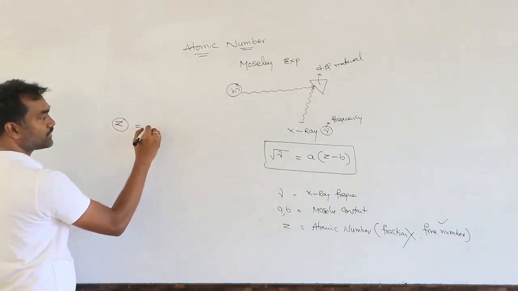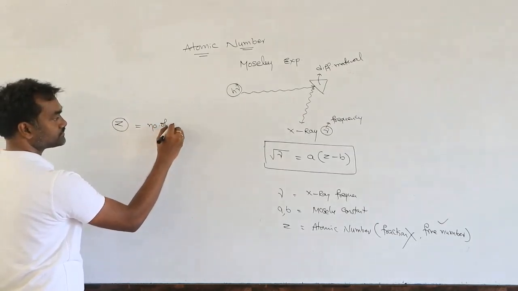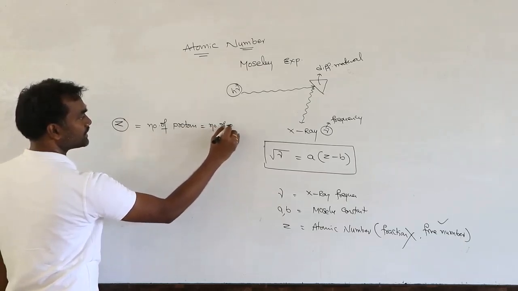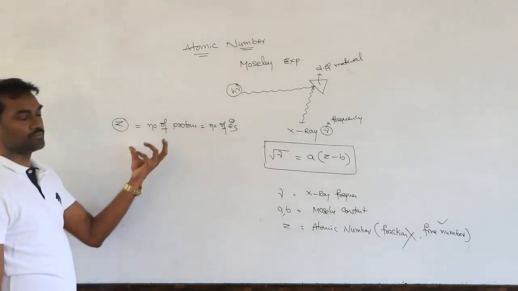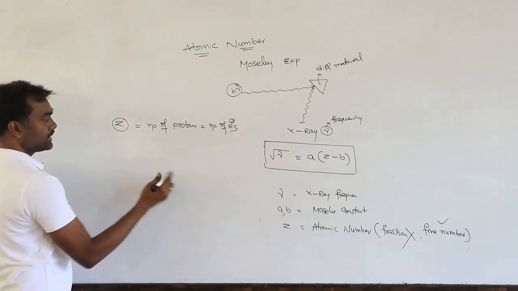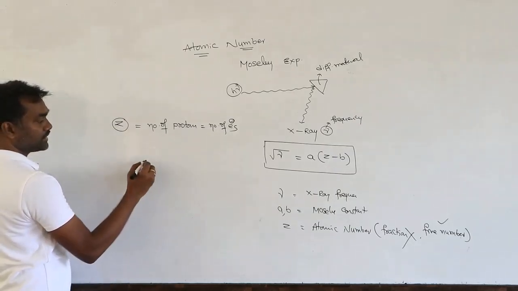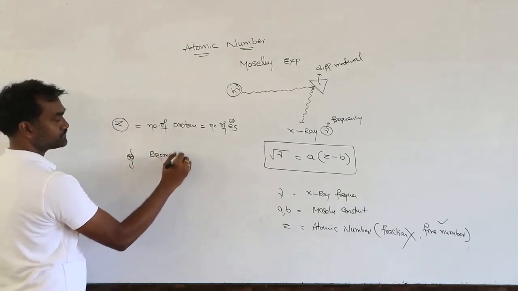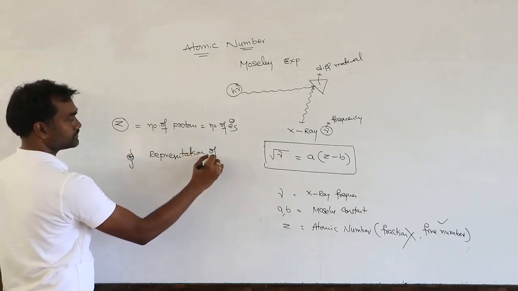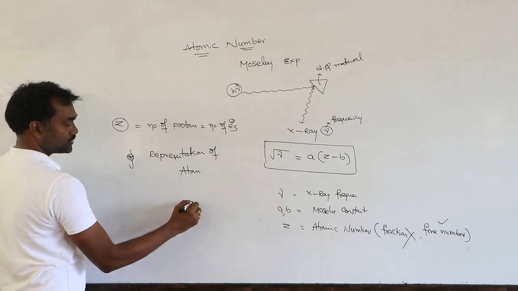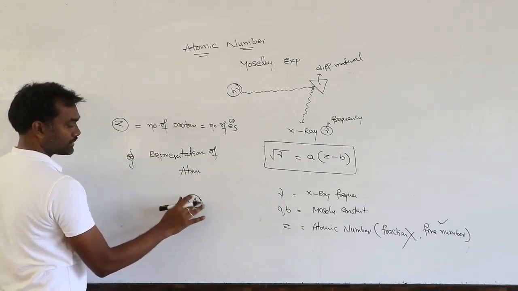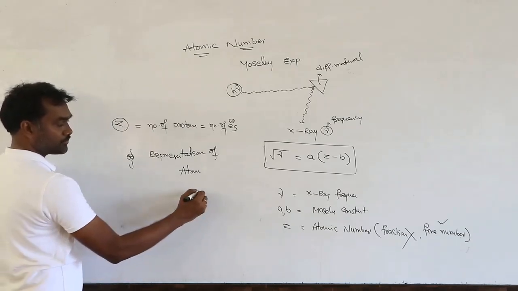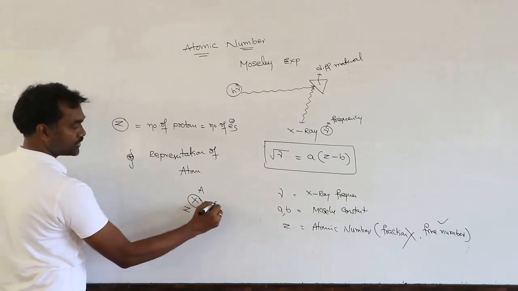This Z is the number of protons, and the same number of electrons is also present in the atom. Now the representation of an atom: X is the symbol of the atom, Z is the atomic number, and A is the mass number.